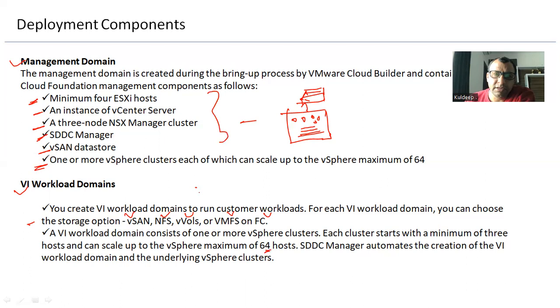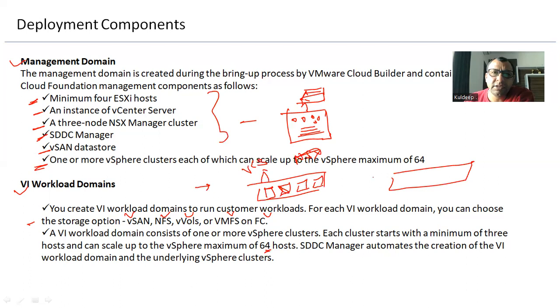As we discussed in the previous slide, multiple VI workload domains can be created, and each VI workload domain has a number of clusters under the same vCenter Server and the same NSX construct. In the same way, if you create another workload domain, there would be another vCenter Server and another NSX inside it. That provides common functionality across multiple clusters in the workload domain.